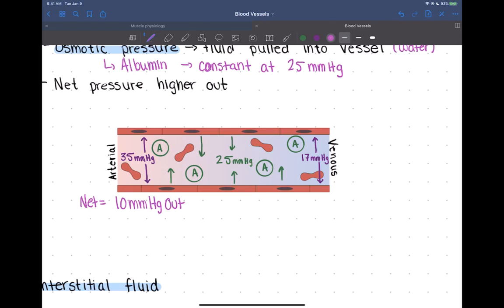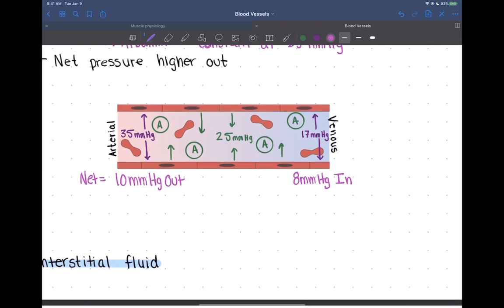Okay, so if we do 25 minus 17, that will give us 8 millimeters of mercury in, all right, because that osmotic pressure pulling water in is higher than the hydrostatic pressure pushing out. So we're going to have more fluid being pulled in on the venous side than more is being pushed out on the arterial side.